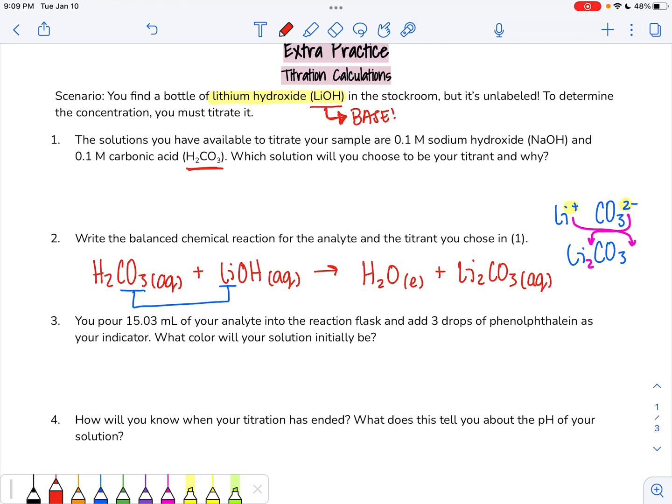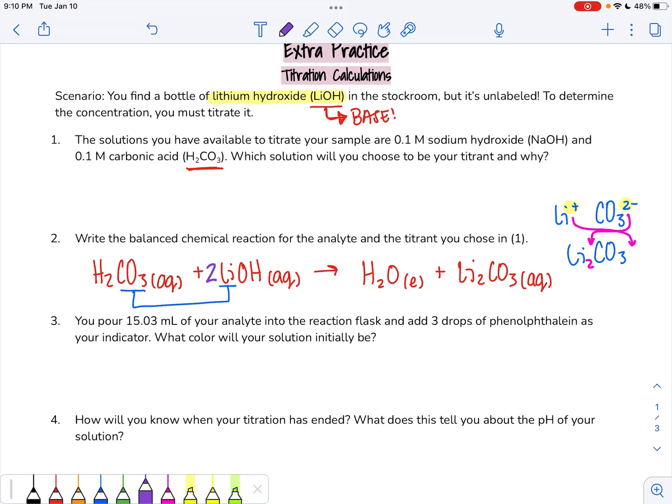So if we take a look at this thing, the next thing we have to do is figure out, is it balanced or not? Immediately you should see, if I have 2 lithiums on the right-hand side, I only have 1 on the left, which means that I have to add a 2 here to help balance it out. Let's take a look at our hydrogens next to see if those balance. So I have 2 hydrogens from the carbonic acid, and I have 2 hydrogens from the lithium hydroxide for a total of 4 on the left.